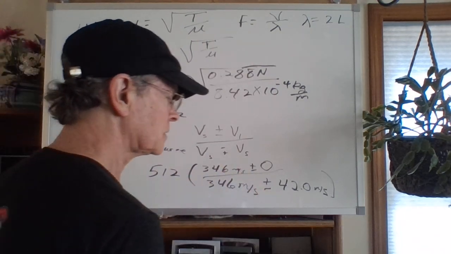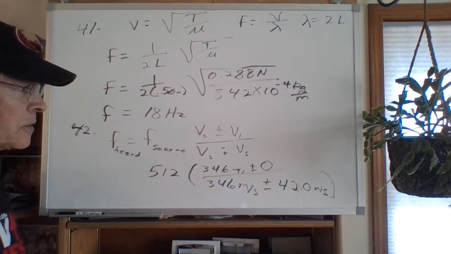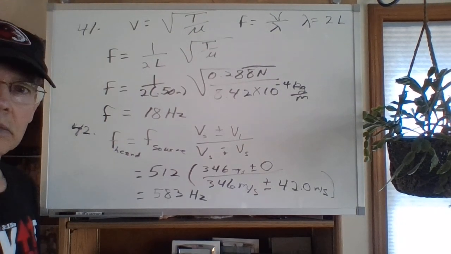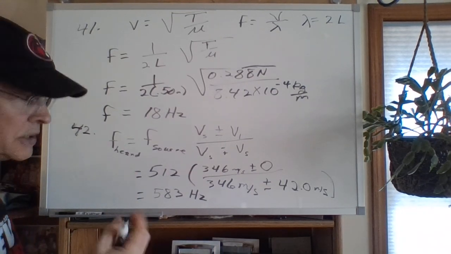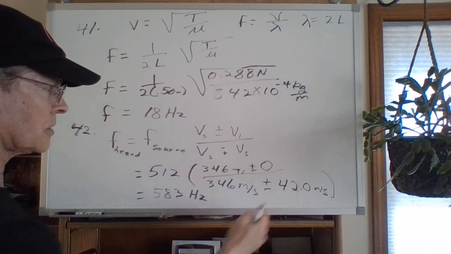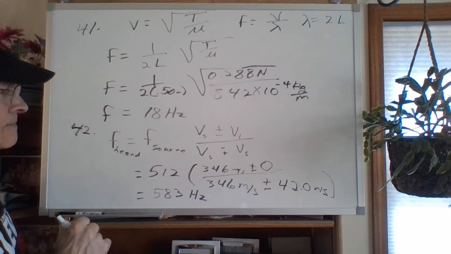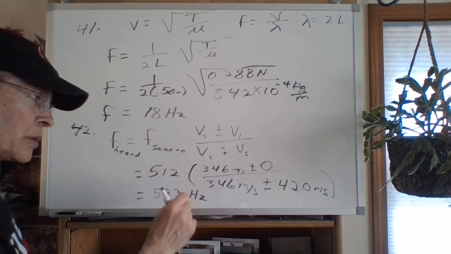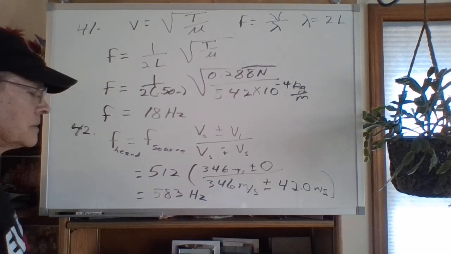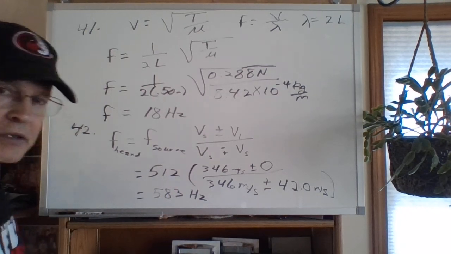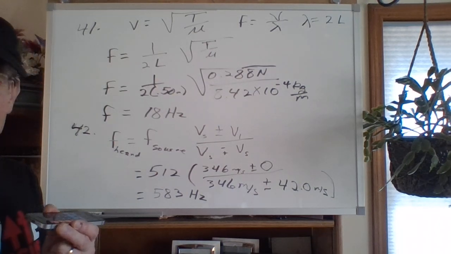So we want to subtract the 42 from 346. Oh, well, I got 583 hertz to 3 significant figures, which I think we can keep because you're given 3 in all of the numbers. 346 divided by 304 is a factor of about 1.1 something. Multiply times 512, 583.